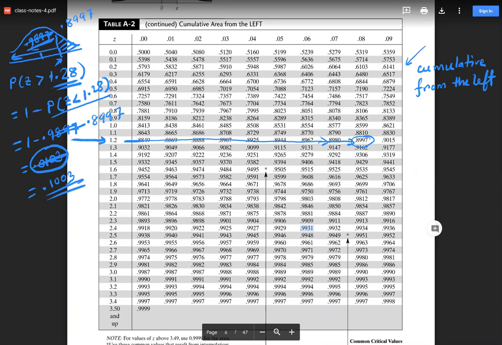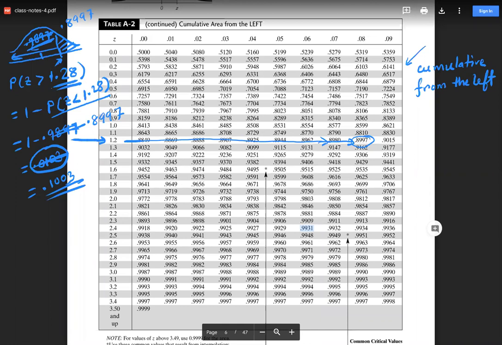So that's what it is. Now, do you feel confident that you can do these things on your own? I know it might be a lot of information, but we are going to be doing it so much that you will get tired of it. This normal distribution is very, very important.